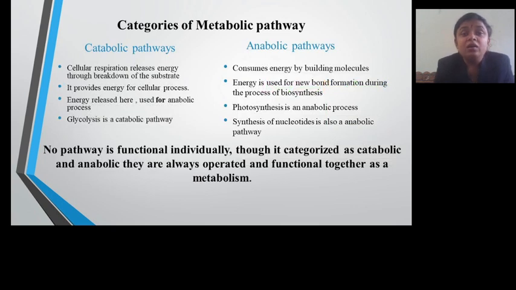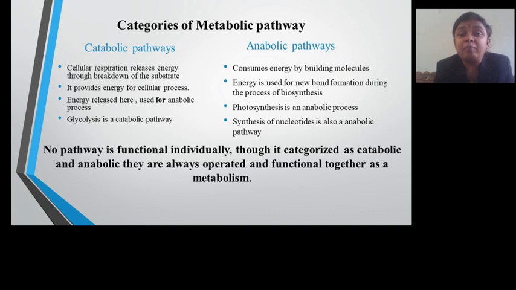Then categories of metabolic pathway. Metabolic pathways can be categorized as catabolic pathways and anabolic pathways. Catabolic pathways lead to the generation of energy, and they provide energy for carrying out different functions of the cell. Glycolysis is an example of a catabolic pathway.